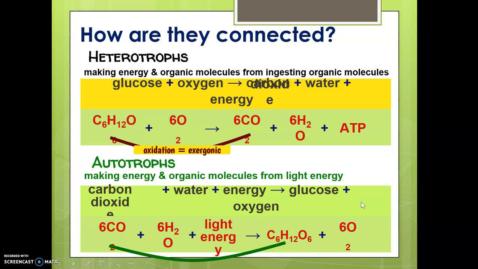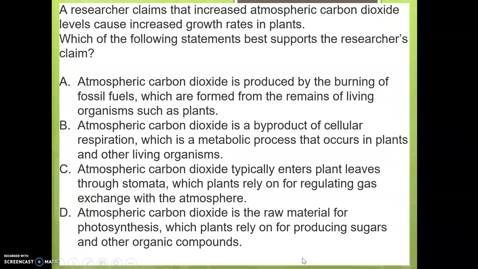For heterotrophs, the chemical formula here is oxidation. It's exergonic because we are releasing energy. It's exiting. For autotrophs, photosynthesis is endergonic and being reduced because we are taking energy in and making glucose.